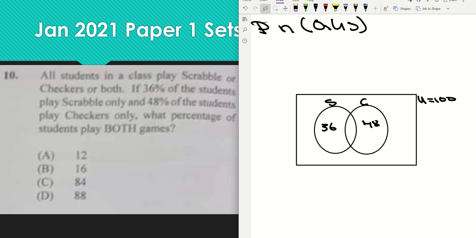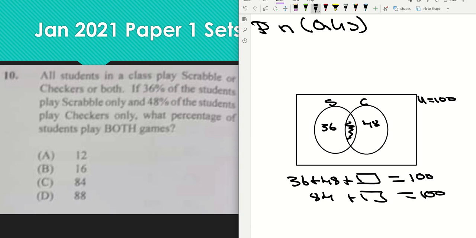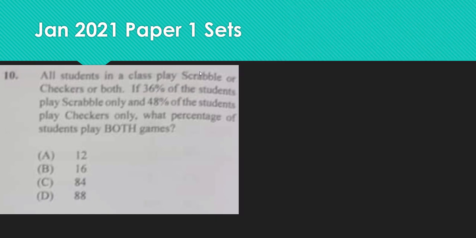So 100% is the combination of 36 plus 48 plus whatever is in this region here, the persons who play both checkers and Scrabble. 36 plus 48 is 84. So 84 plus something is equal to 100. The something is 100 minus 84, which is 16. So my answer would be B, 16.